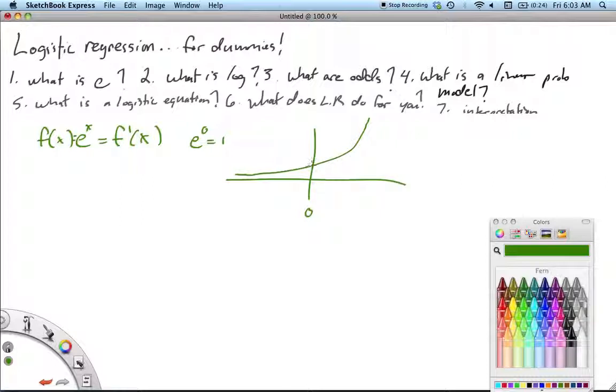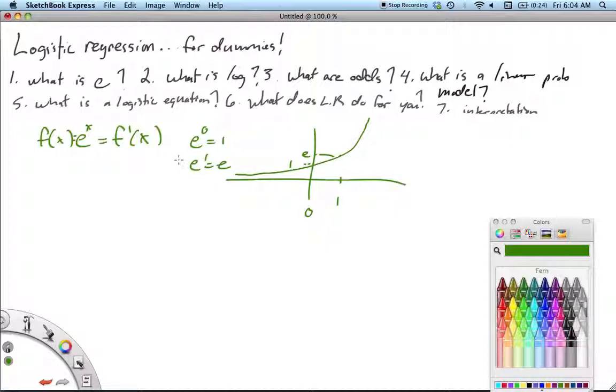Okay, so we would hope that this is 1, and anything to the 1 is equal to itself. So we would have to hope that this is e. But the question remains, what is this number?